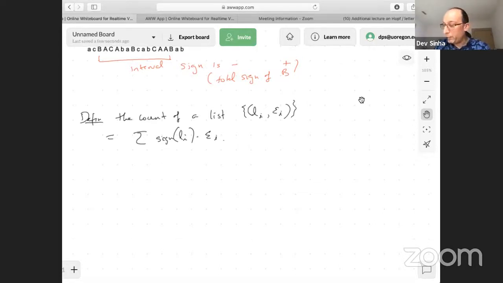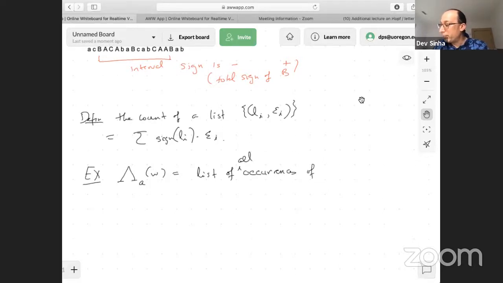And then there's a standard example to think about there. So lambda of some letter, let's say A, is going to be the list of all occurrences of A in W with all these epsilons equal to +1.